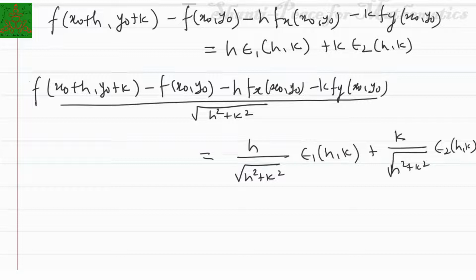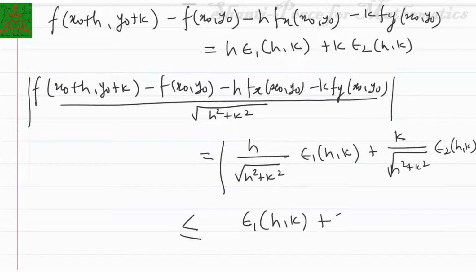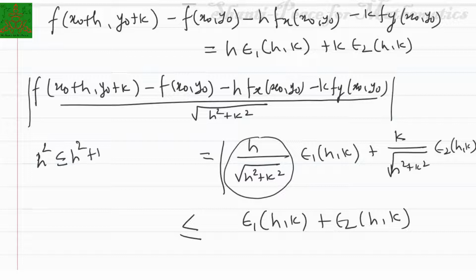Now if I take the modulus on both sides, this quantity is less than or equal to modulus epsilon 1 hk plus modulus epsilon 2 hk. Why can we say that? Because this quantity is always less than or equal to 1, because h square is always less than or equal to h square plus k square.